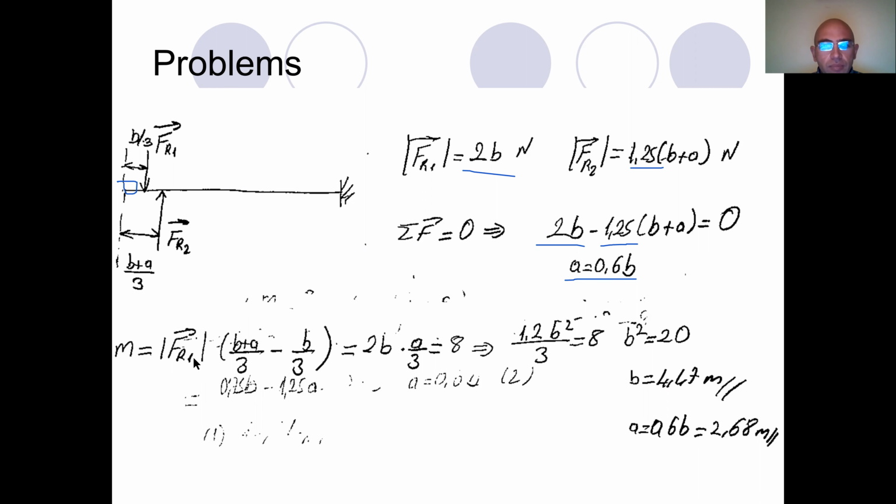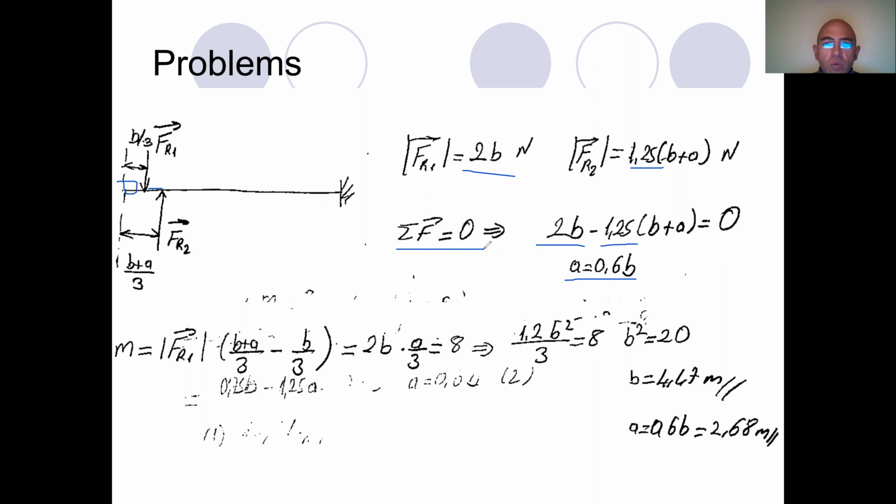Now this basically means that FR1, so this one, multiplied by B plus A divided by 3, so I'm calculating this distance, B plus A divided by 3 minus B divided by 3 has to be equal to 8, because the magnitude of FR1 is equal to magnitude of FR2, as you remember, right?